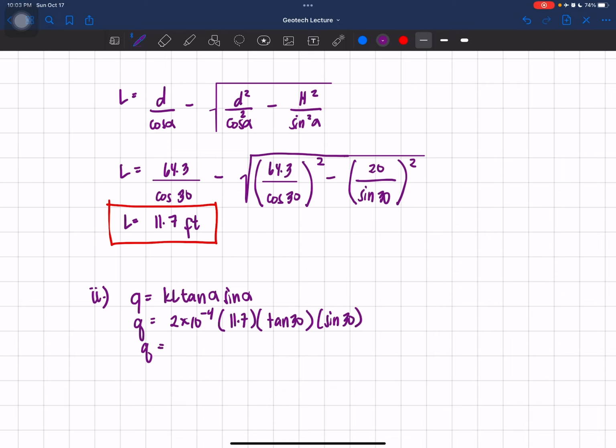So your Q now is 6.754 times 10 to the negative 4 cubic feet per minute per feet. We can convert it because they were asking in terms of cubic feet per day per feet. So that's 0.973 cubic feet per day per feet. Okay, so that is now your final answer.